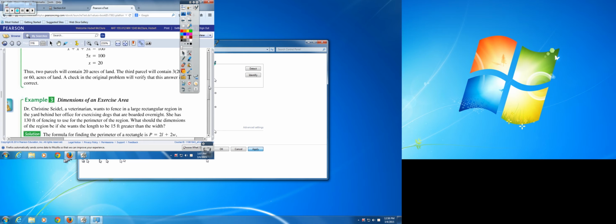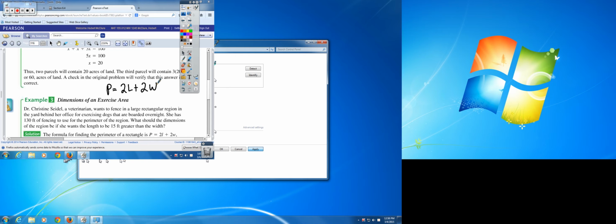So, first of all, what kind of measurement are we going to have? Area, perimeter, or volume? Perimeter. So we know that the perimeter of any quadrilateral is 2L plus 2W, which means you add up the sides.